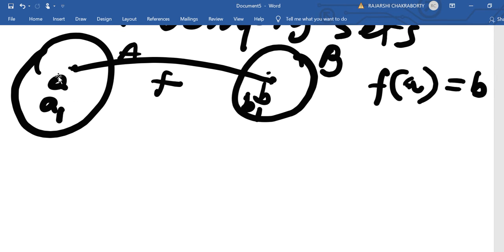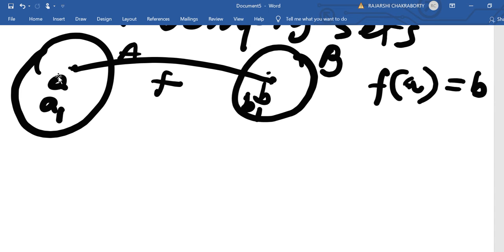Is this the complete definition of a function? No, it's not. Why is this not a complete definition of a function?